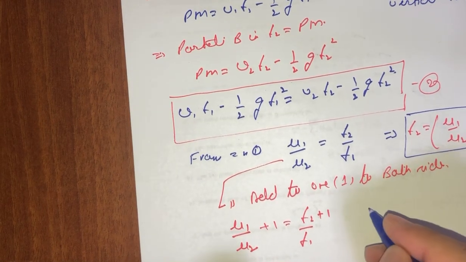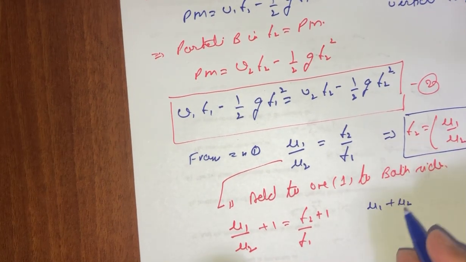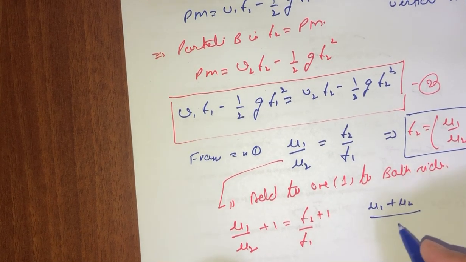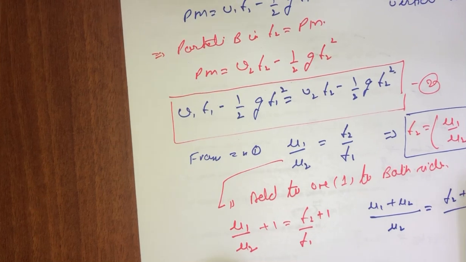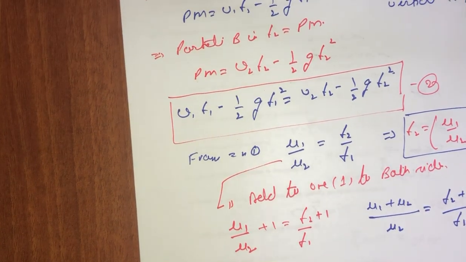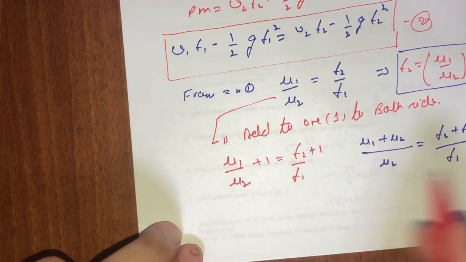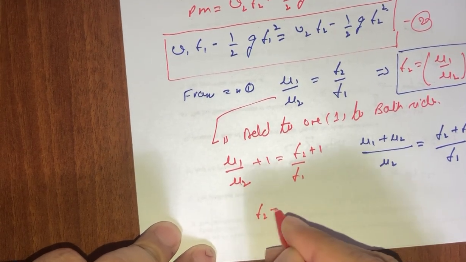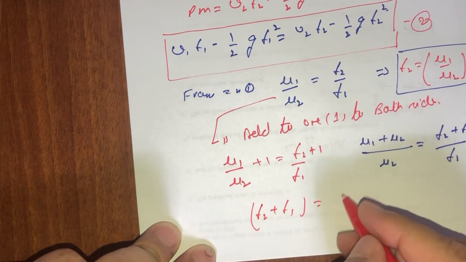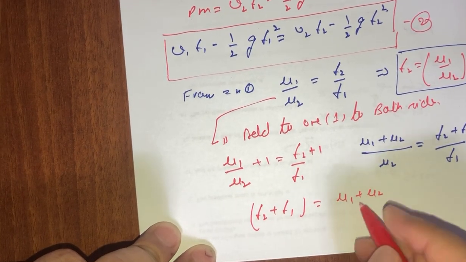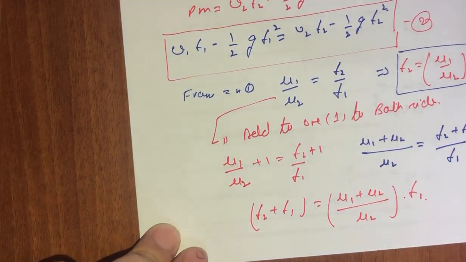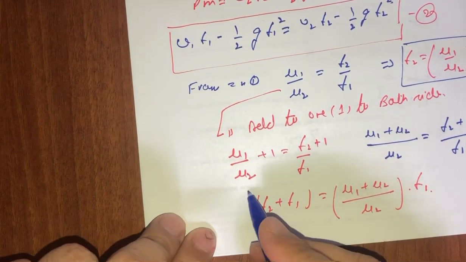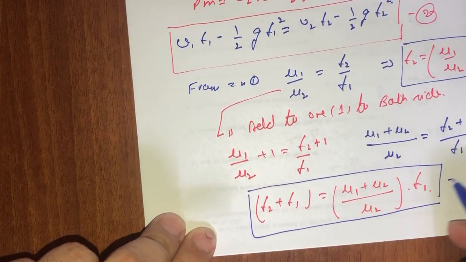So we can write it as u1 plus u2 divided by u2 is equal to t2 plus t1 divided by t1, and from here we can find out that t2 plus t1 is equal to u1 plus u2 divided by u2 multiplied by t1, and let us call this equation number 4.